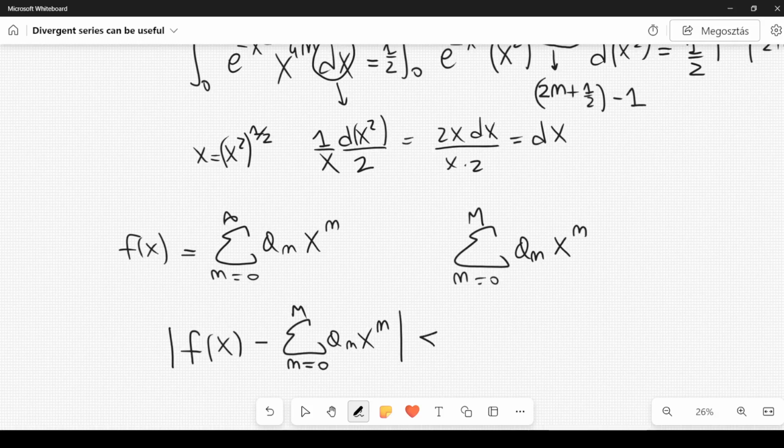This must be less than epsilon x to the power m. And you have to think that m and epsilon are given, and this result holds for those values of x which are smaller than a certain xi. Let's call it xi. So this is a technical definition for asymptotic series.